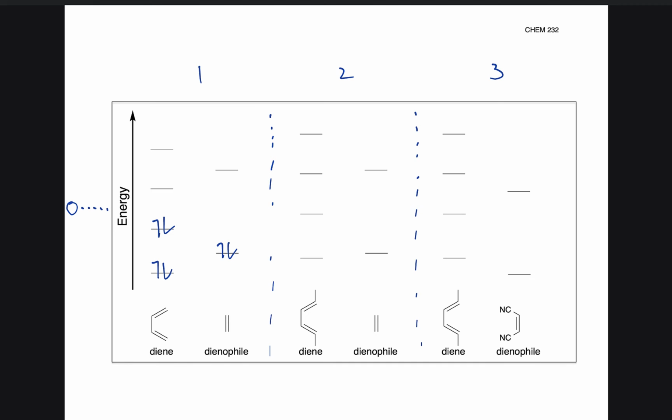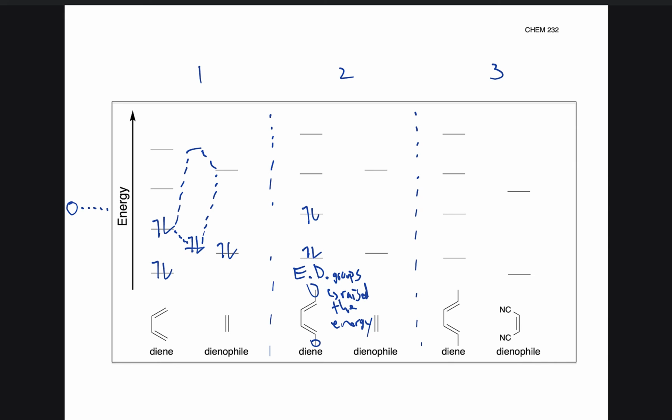And so for our first one, it's the same as what we had already covered. We have our LUMO mixing with our HOMO to get to our new bond. And for 2, notice we have these methyl groups. These methyl groups are electron donating groups, and what they've done is raise the energy of our HOMO.